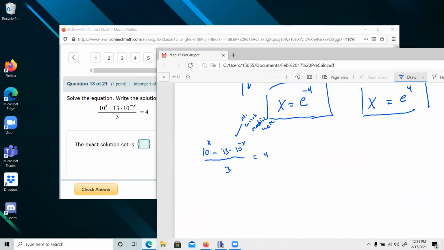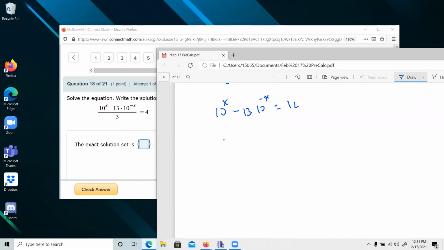So the first thing we're going to do here is get rid of the fraction. So we're just going to multiply both sides by 3. So we have 10 to the x minus 13, 10 to the negative x is equal to 12. Well, technically 10 to the negative x is a fraction, isn't it? Right? This is 10 to the x minus 13 over 10 to the x is equal to 12.